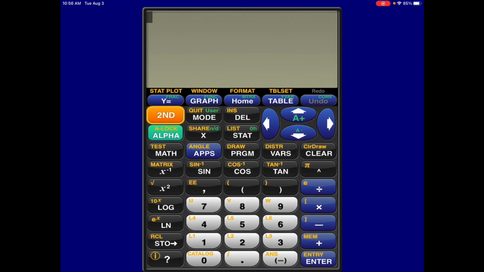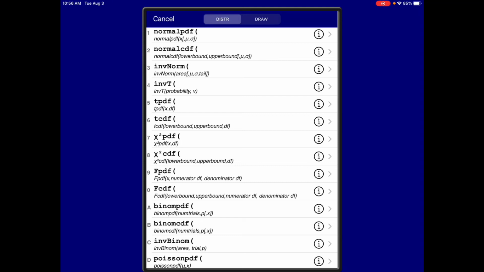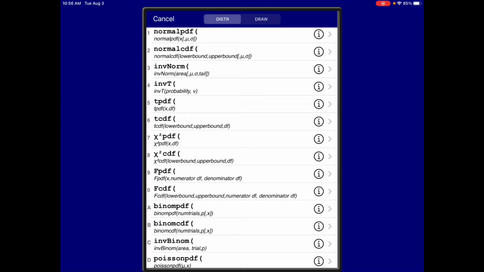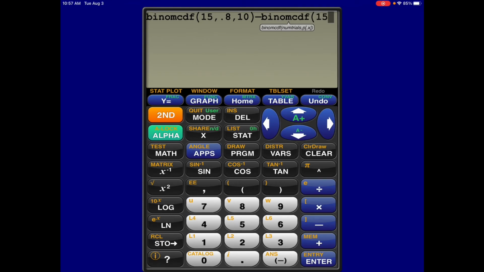On our calculator, we're going to go to second vars, go down to binom CDF, 15, 0.8, 10, minus, and then we're going to go ahead and do binom CDF again. So second vars, binom CDF, still 15 trials, 0.8 is our probability of success, and this time our x value is 7, close parentheses, select enter, and we're going to get our probability.